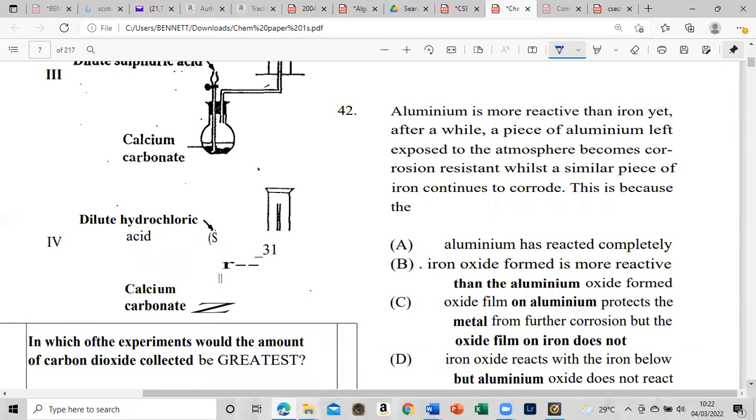This is because A, the aluminum has reacted completely, B, iron oxide is more reactive than aluminum oxide, or C, the oxide film on aluminum protects the metal from further corrosion, and the oxide film on the iron does not, or D, iron oxide reacts with the iron below, but aluminum oxide does not react. And that is C. So number 42 would be C.